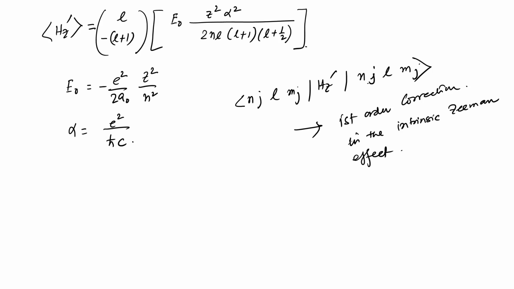We have done that for the Stark effect in presence of electric field. Now, we have done it for magnetic field, both as an external magnetic field and for the intrinsic magnetic field, which is because these are charged particles and the electron is actually revolving around the proton, constituting a current in the rest frame of the electron. The proton is going around it and it constitutes a current again.